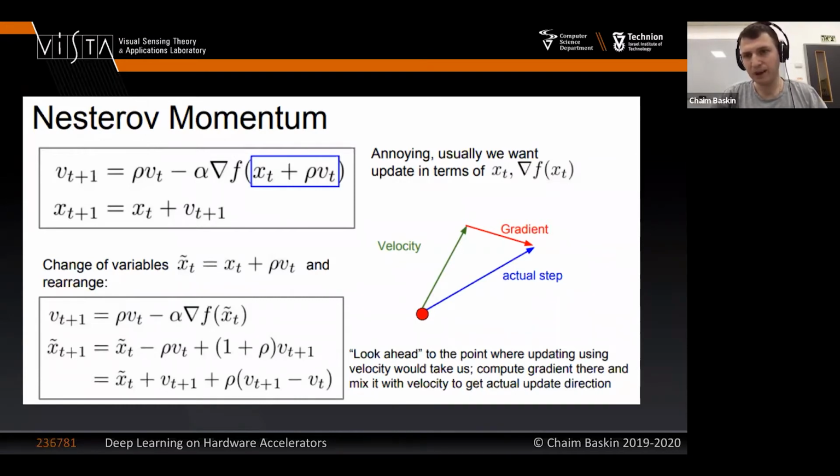Again, what I wanted you to understand from here is that the velocity is one more parameter that helps us to reach the local minima. It's one more vector that helps us to define explicitly where to go.